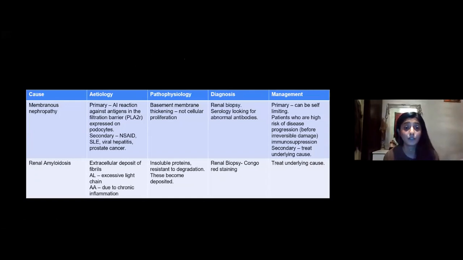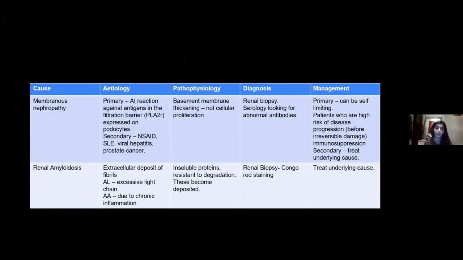This is an autoimmune condition, and it is due to antibodies attacking the filtration barrier. The PLA2 receptor is expressed on podocytes, our antibodies are made against these, and this causes damage to our filtration barrier. There's also a secondary cause, where NSAIDs, SLE, viral hepatitis, or prostate cancer can lead to nephrotic syndrome.